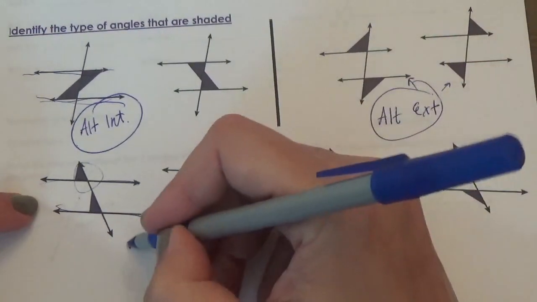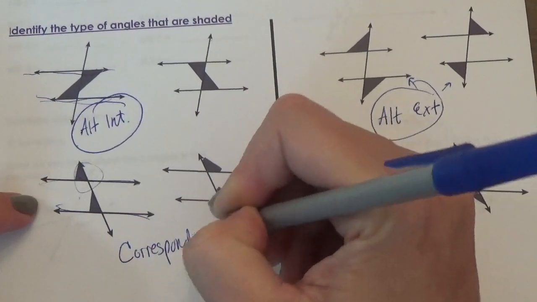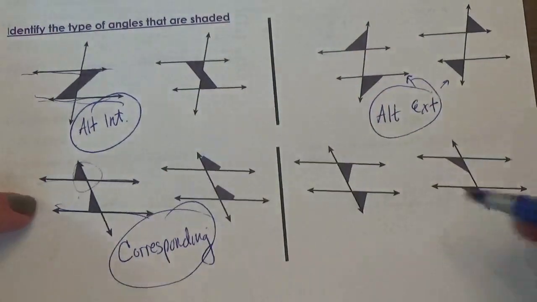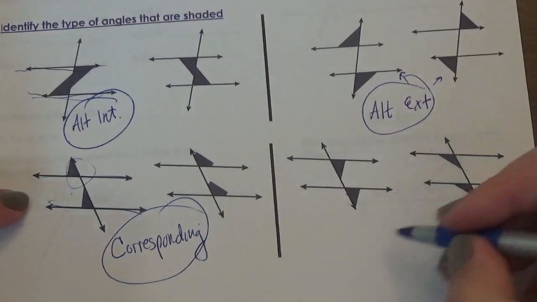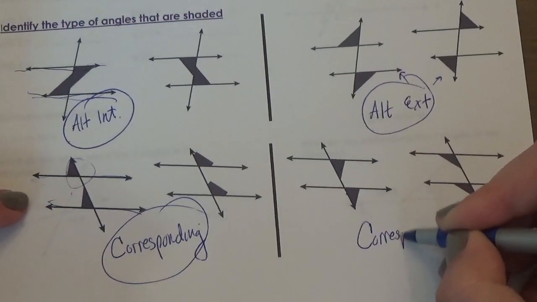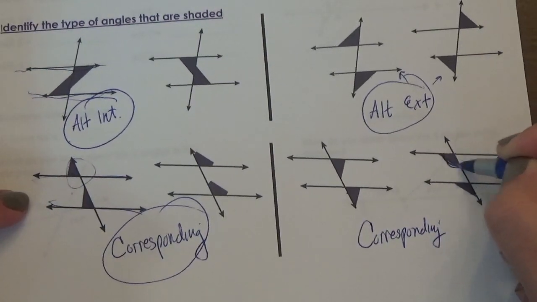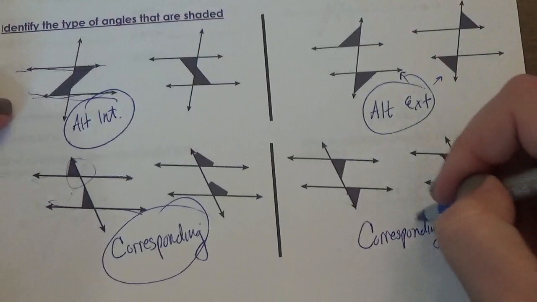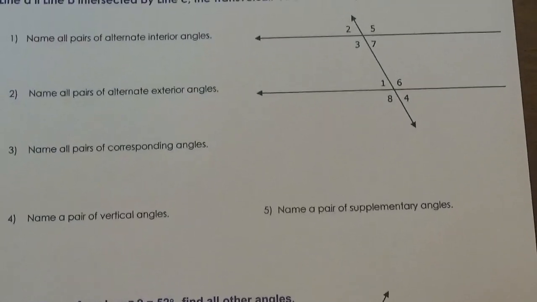Upper right, upper right. Those correspond. So those are corresponding. Are these also? Bottom right, yes, yes. So these are also corresponding. I don't know if that's confusing for you guys to see the angles that are shaded. Hopefully that was helpful, but we'll do a little more to make sure we got this.